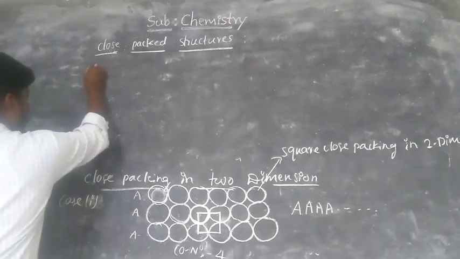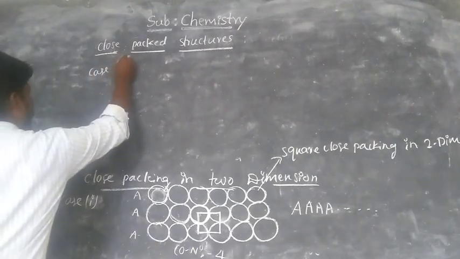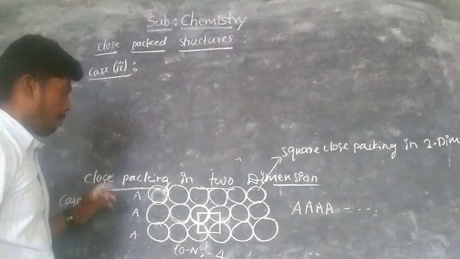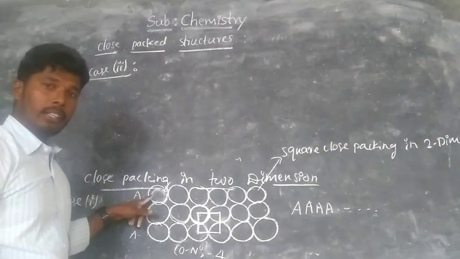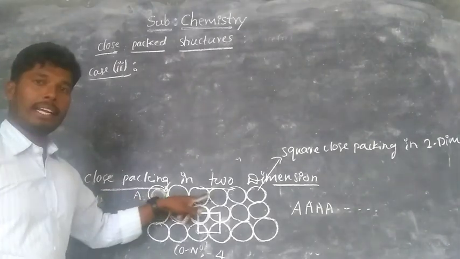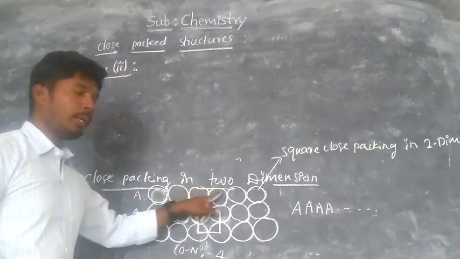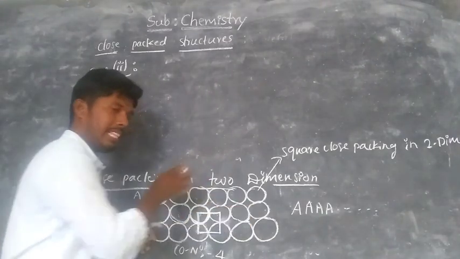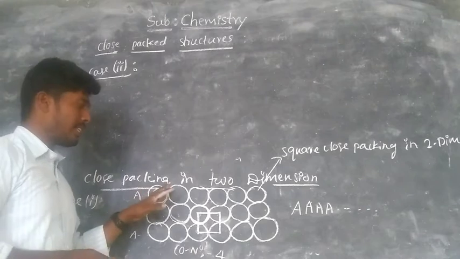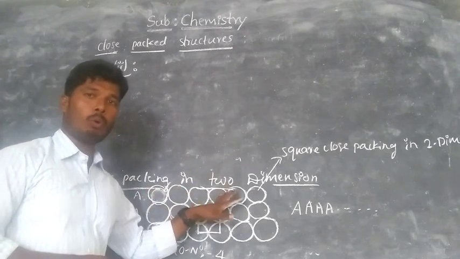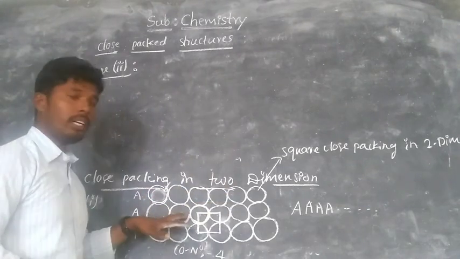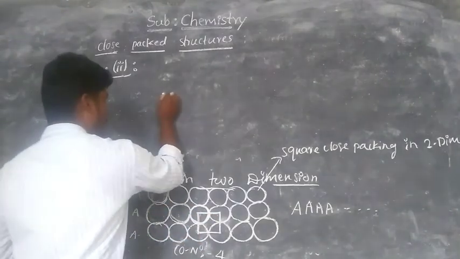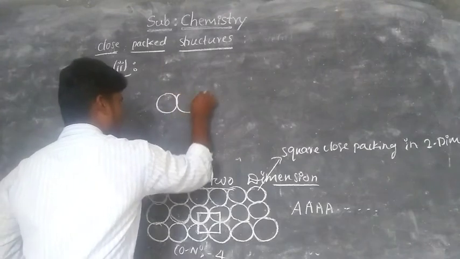So in case 2, the second layer, or the second row, is placed in the depression regions of the previous layer.